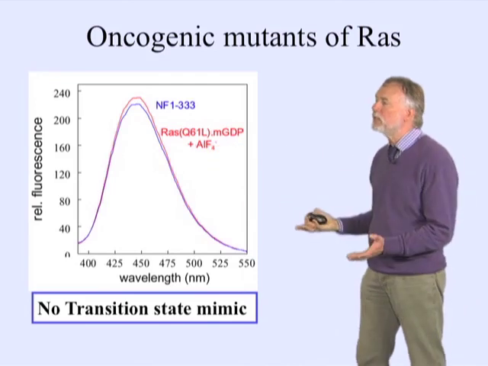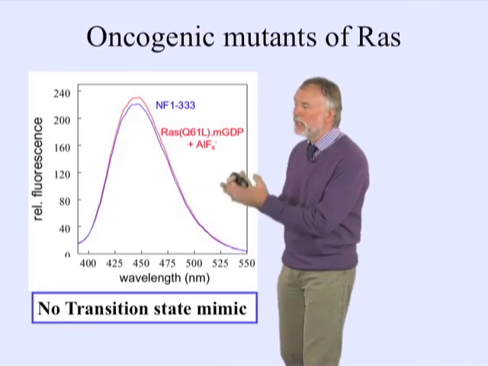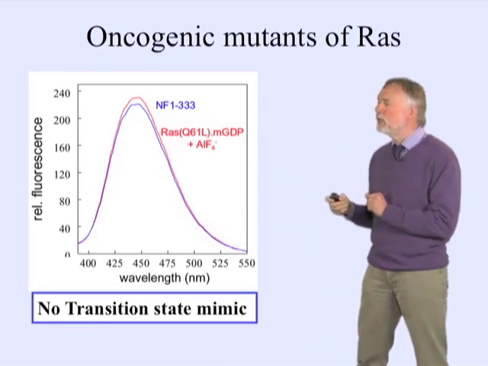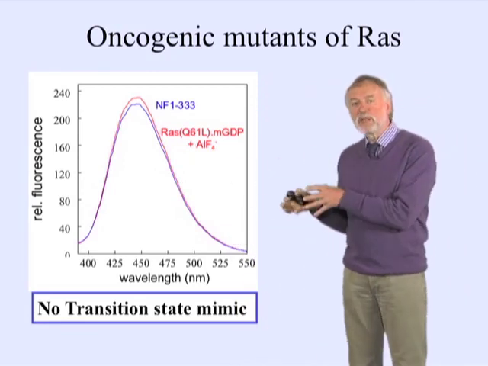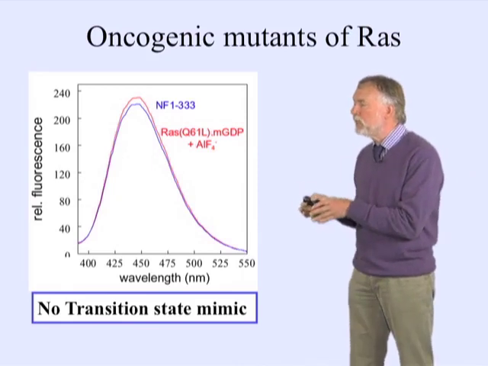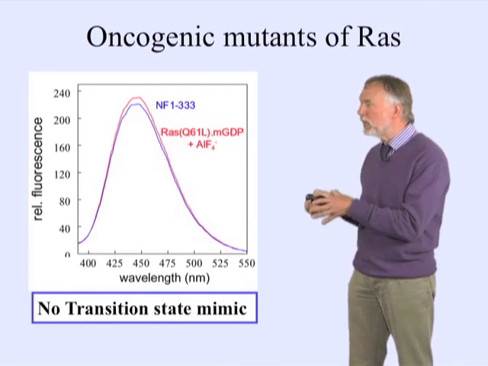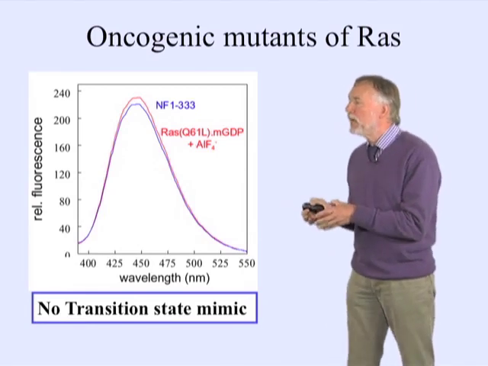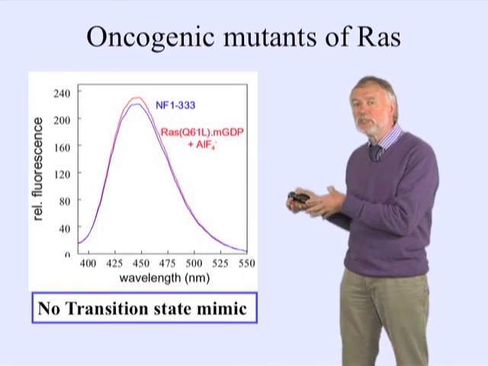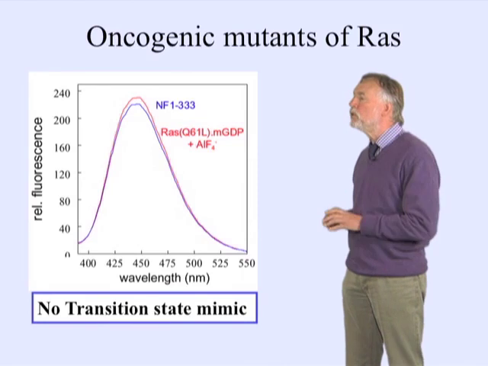You can also take a mutation of NF1, for example, with the arginine mutation, and again, there would be no change whatsoever. So in other words, what these experiments tell us is that Ras is an incomplete phosphoryl transfer enzyme. It needs the presence of a GAP in order to look like a phosphoryl transfer enzyme.